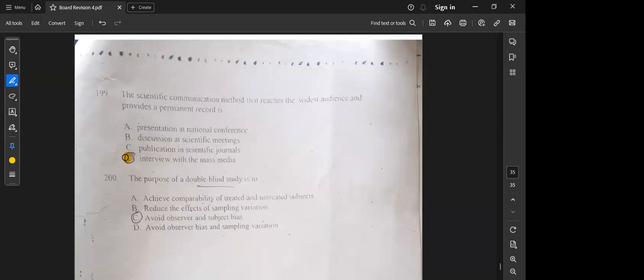The purpose of a double-blind study is? Guys, because scientific methods usually require data to prove what you're trying to say, do you have data to substantiate your answer? We're dealing with a question of scientific methods.